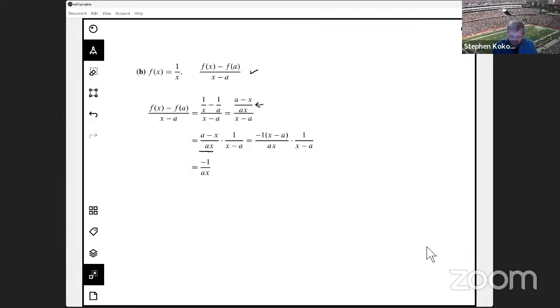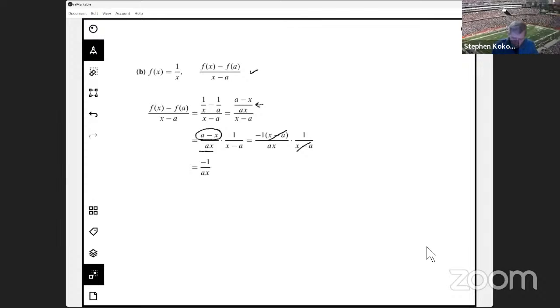And I can see some good things about to happen. I wrote out a couple of extra steps here. I factored a minus 1 out of each of those terms so that these two terms would cancel very nicely. And I'm left with minus 1 divided by a minus x. And yep, the x minus a term is gone in the denominator.